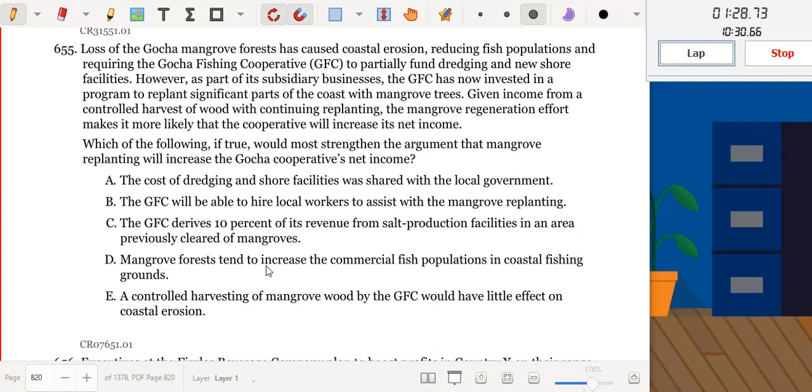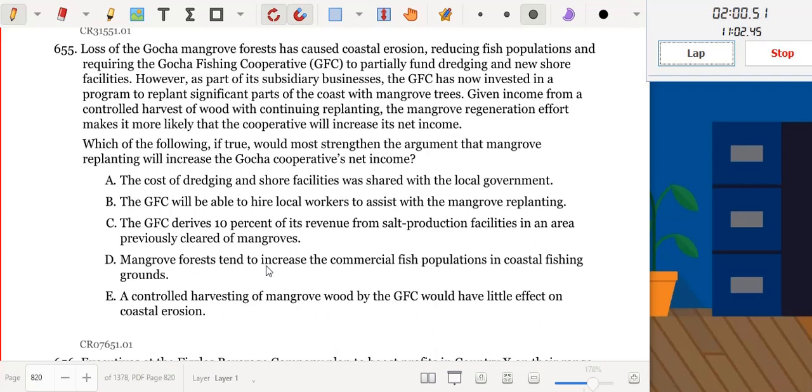Loss of Gocha mangrove forest has caused coastal erosion, reducing fish population and requiring it to partially fund dredging and new shore facilities. However, as a part of its subsidiary business, the GFC has now invested in a program to replenish significant parts of the coast with mangrove trees.